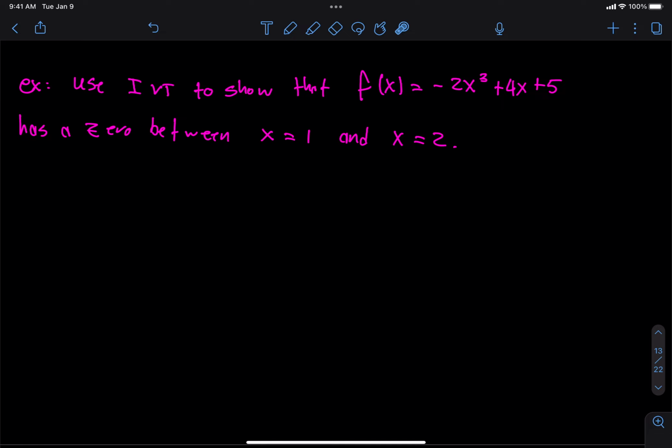And any time in mathematics or in the court of law or in a philosophy paper that you want to say that something is true, you need to provide evidence, right? You need to provide evidence that that thing is true. So that's what we're going to do.